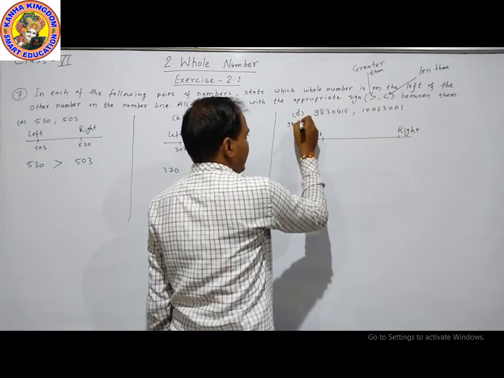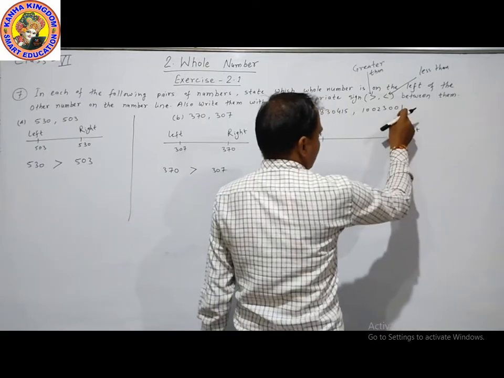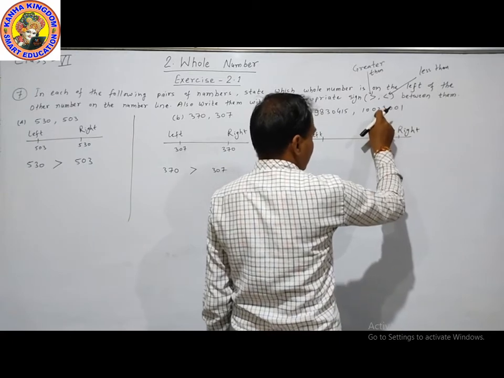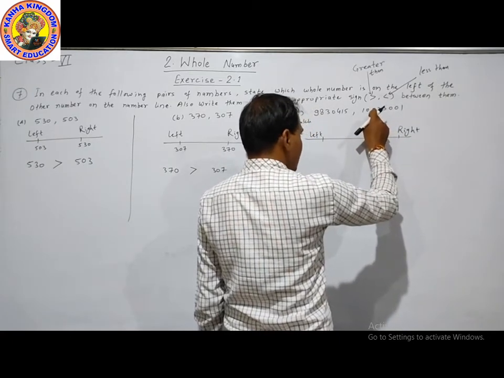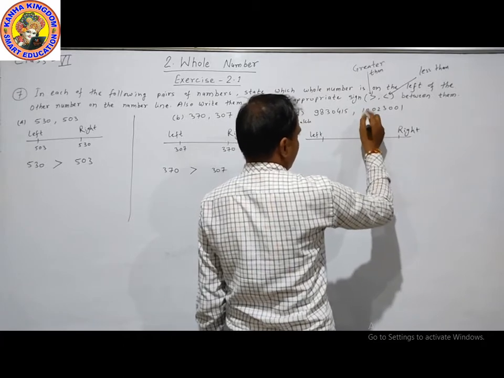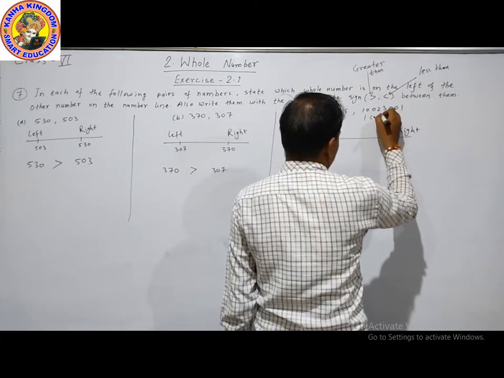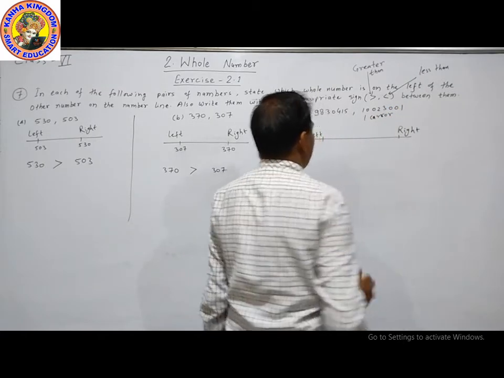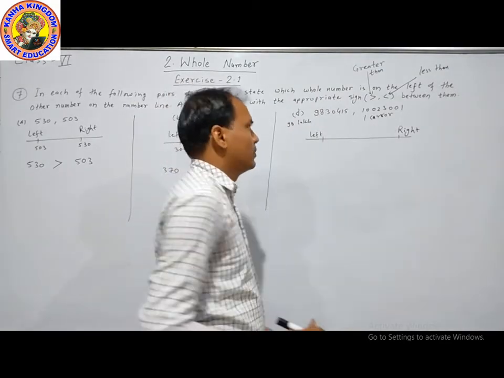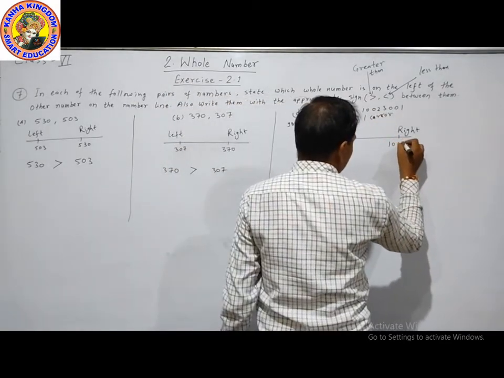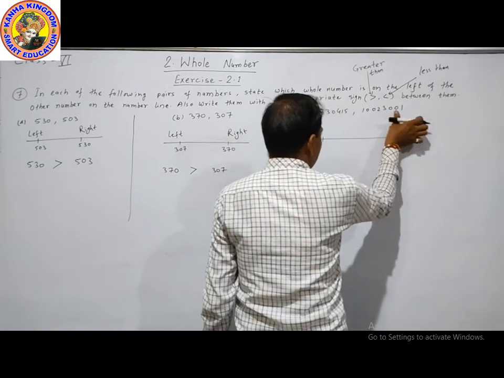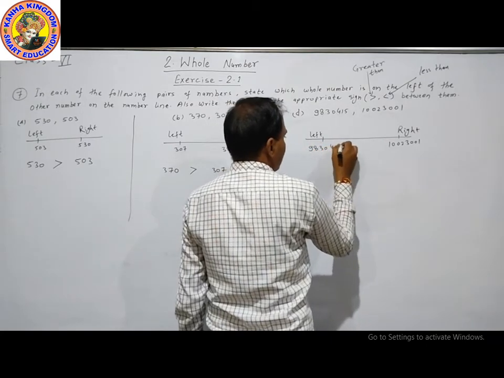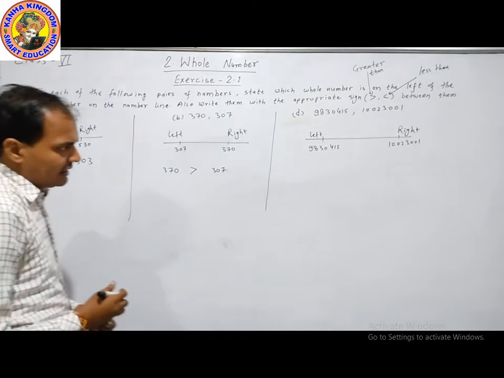Then 1, 10, 100, 1000, 10,000, lakh, 10 lakh, crore. This is our 1 crore. 98 lakh and 1 crore. 1 crore is the larger number, so we will place it here. And 98 lakh is the smaller number, so we will place it here. This is shown on the number line.